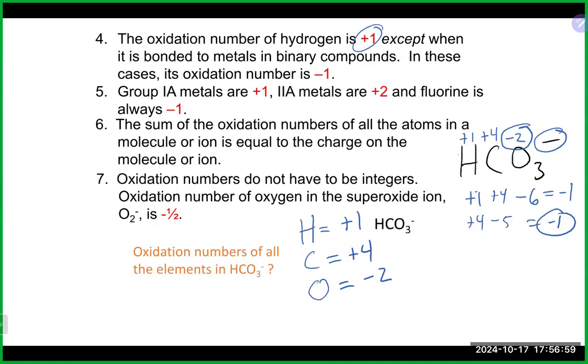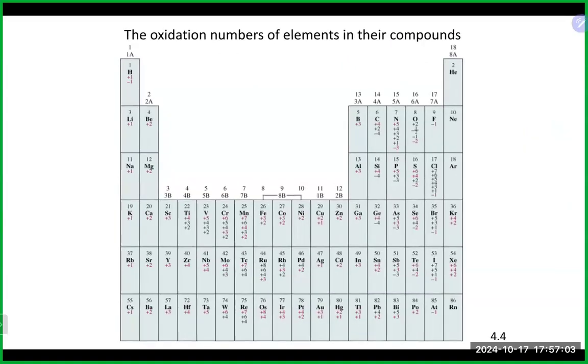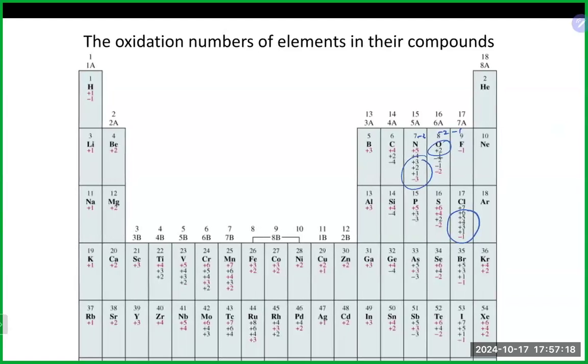All right, so why don't you try some here? Here's a periodic table with lots of oxidation states. Like I said before, some of these guys we normally think of as being like -1, -2, -3. You can see they can be pluses in certain cases, especially something like chlorine. So we might have touched upon it last time.